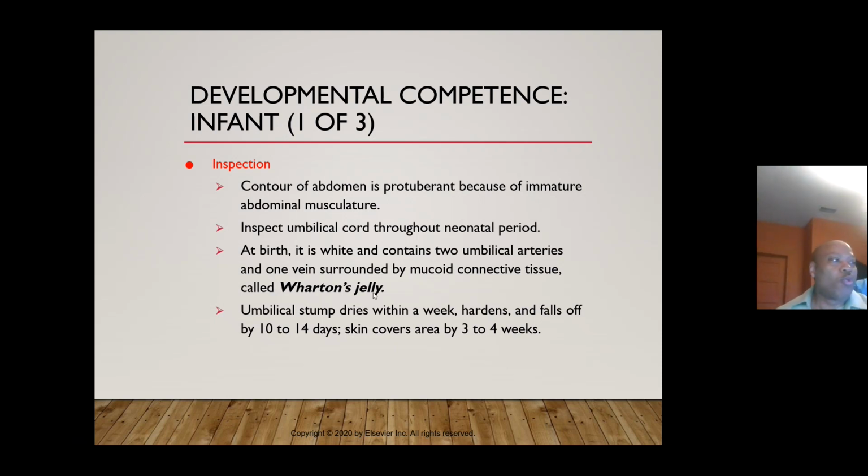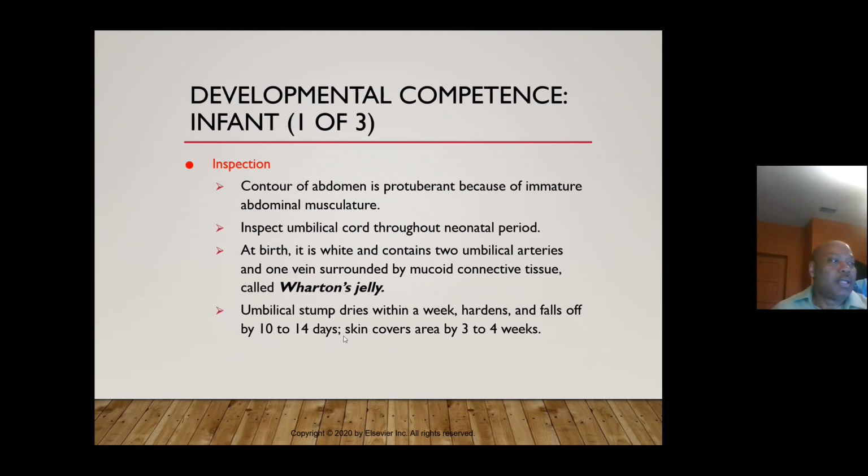We also want to inspect the umbilical cord throughout the neonatal period. When the infant is born, the umbilical cord is white, and it contains two umbilical arteries and one vein. So a total of three. You should see three blood vessels, surrounded by mucoid connective tissue, and we call that Wharton's jelly.